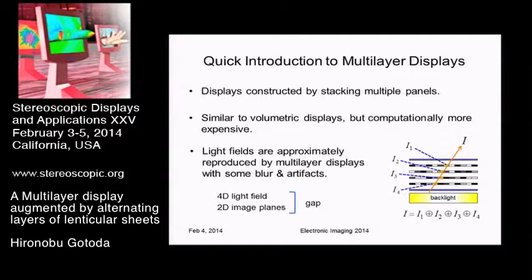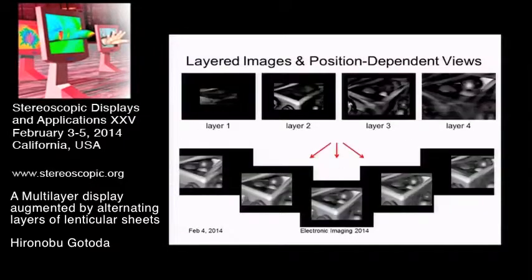Multilayer displays are capable of reproducing the light field, but the reproduction is only approximate, meaning that some blur or artifacts are often introduced. Here's an example of layered images and views derived from these layer images.